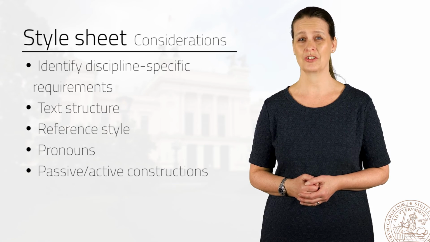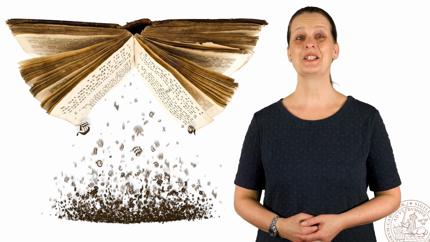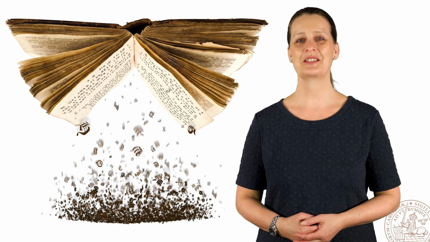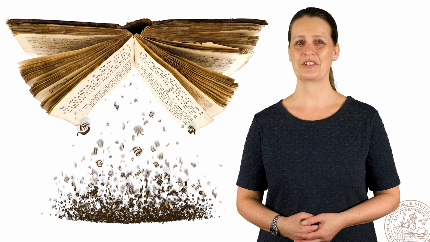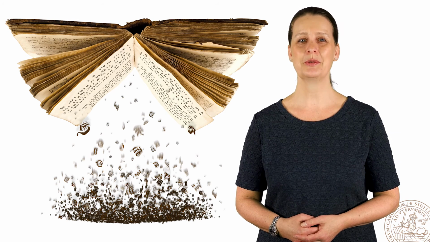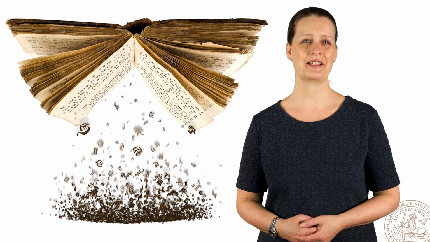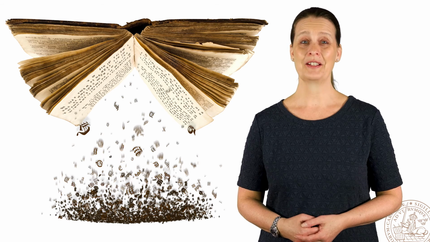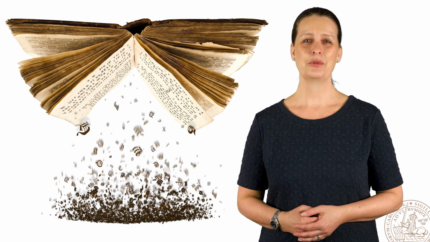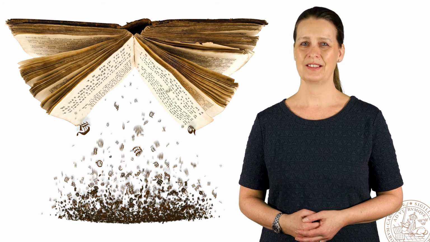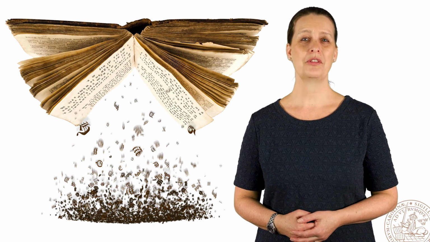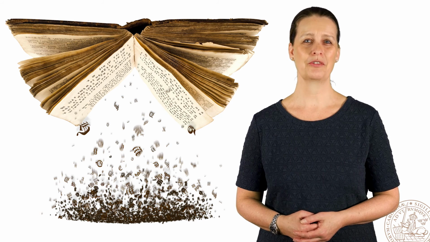The style sheet will give information on what reference style to use, and it will probably present examples from the required reference style or direct you to a manual or online resource of that reference style. One thing that might pose a challenge here is recognizing what kind of source you are using, as that will decide how you refer to it, both in your text and in your bibliography.